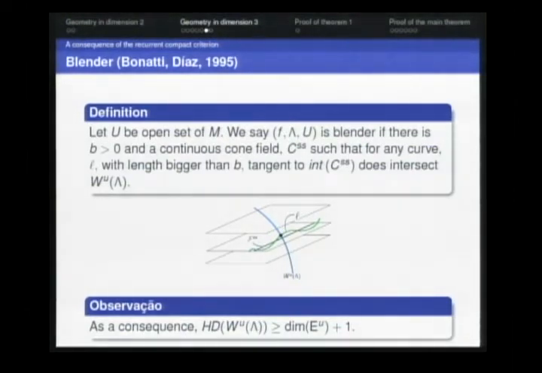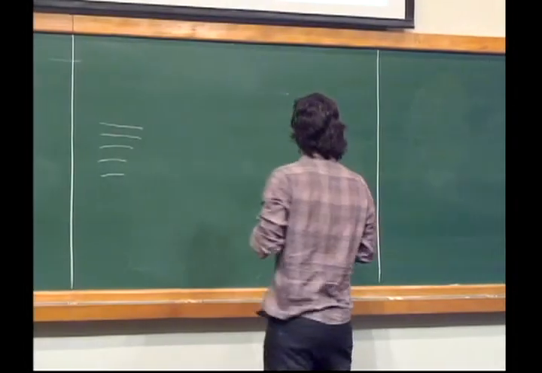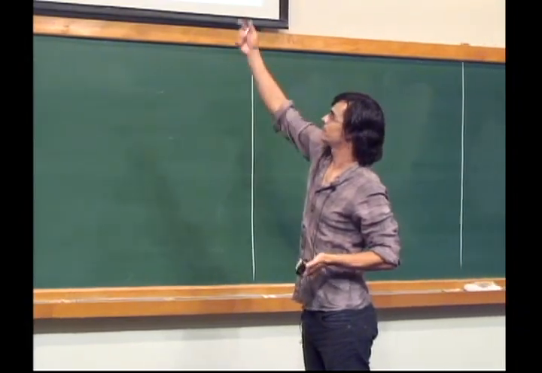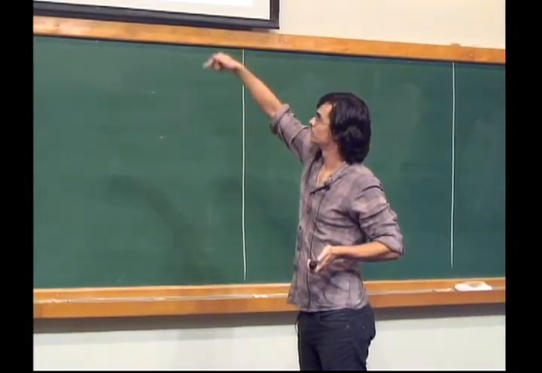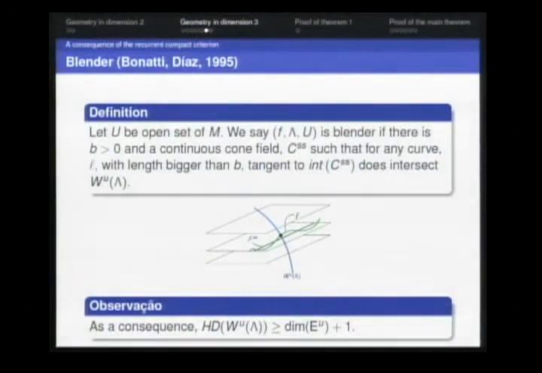And the blender is the following: if you have any leaf C1 close to some strong stable leaf, with a minimal size, and it intersects the unstable manifold of the horseshoe, then you say it is a blender.